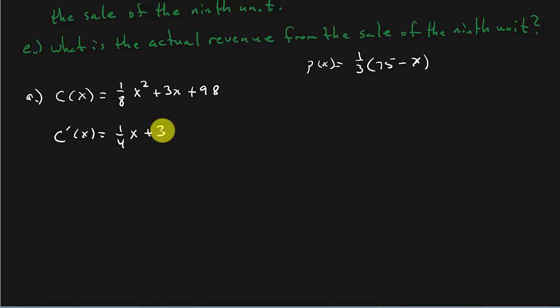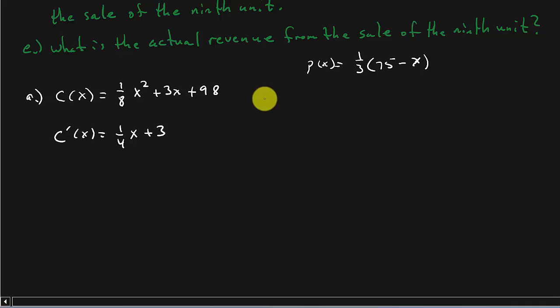Well, in order to do that, we need to know what the revenue function is. So remember, you've got a little formula here: your revenue function is the number of units sold times the price per unit.